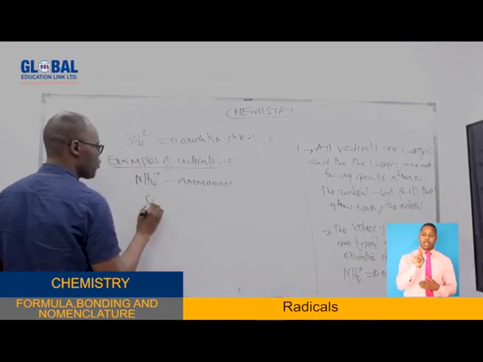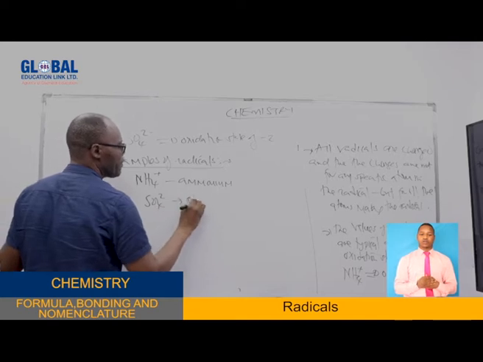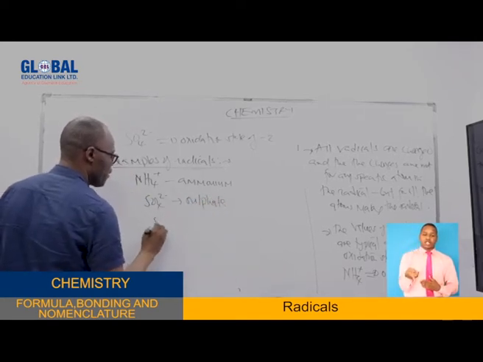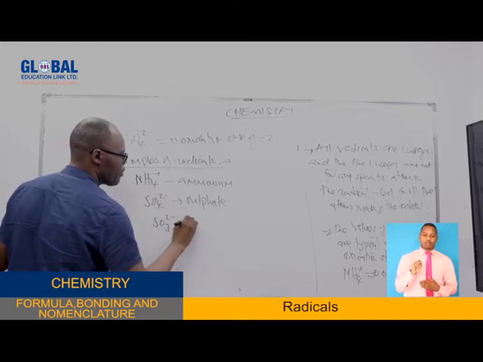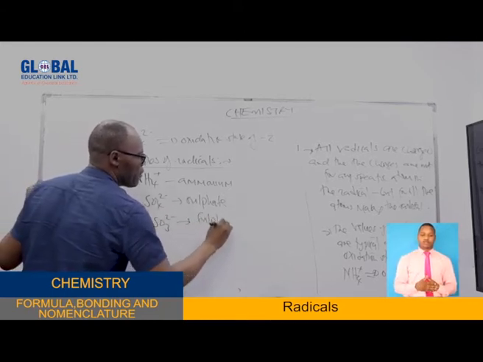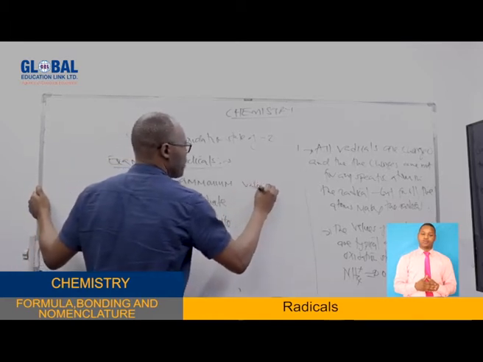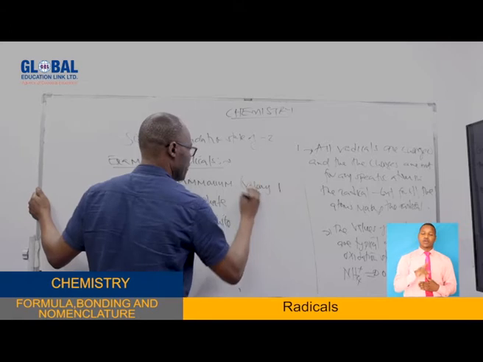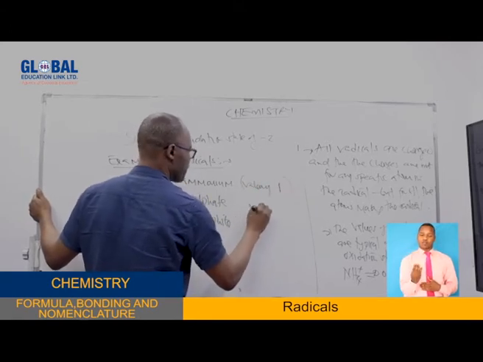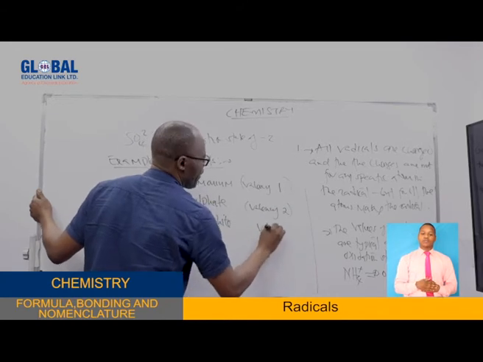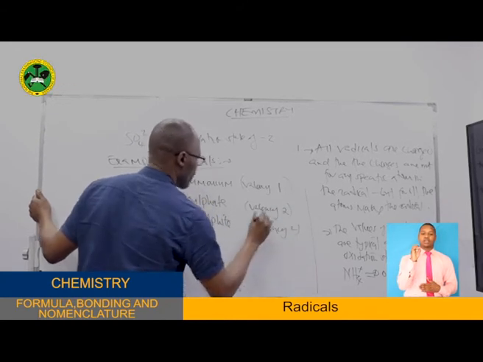We have SO4 2-, which is a sulfate. We have SO3 2-, which is a sulfite. Here we have got the valency of 1. Here we have got a valency of 2. And here also a valency of 2.